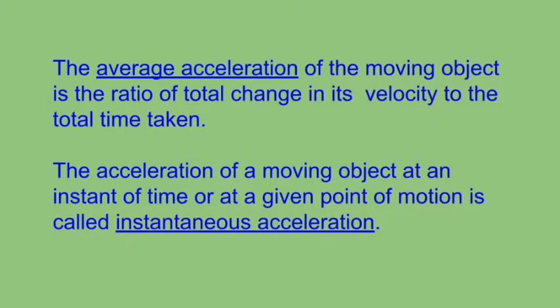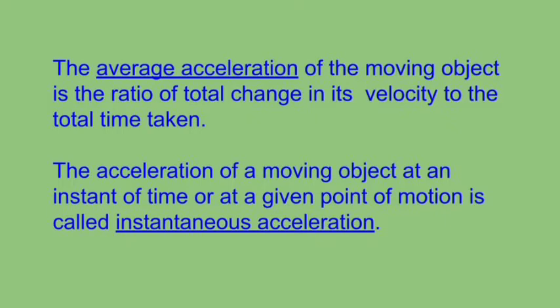The average acceleration of a moving object is the ratio of total change in its velocity to the total time taken. During variable motion, we can also observe instantaneous acceleration. The acceleration of a moving object at an instant of time or at a given point of motion is called instantaneous acceleration.